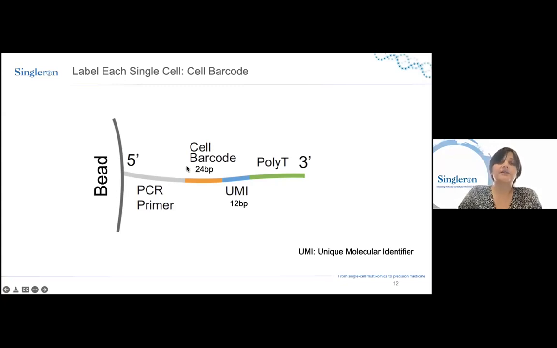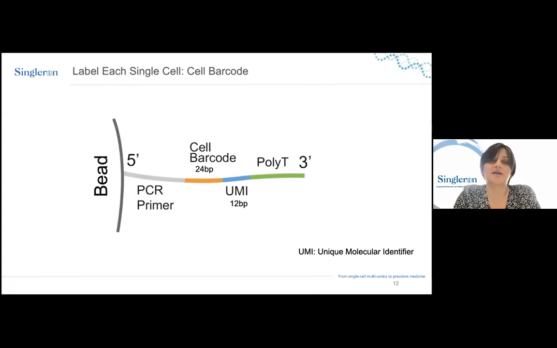The third important sequence is in orange, the cell barcode. All the oligonucleotides that are attached to the same barcoding bead carry the same cell barcode, but the cell barcodes between two different beads are different.